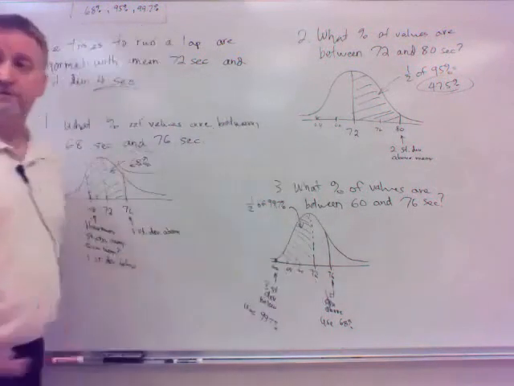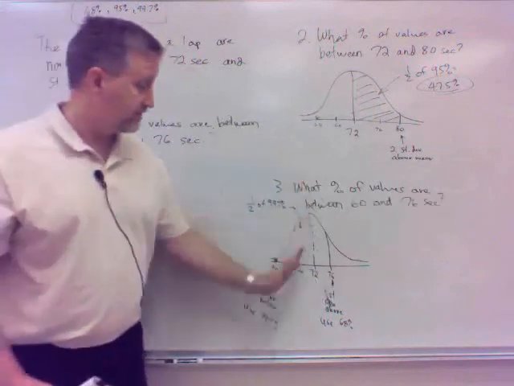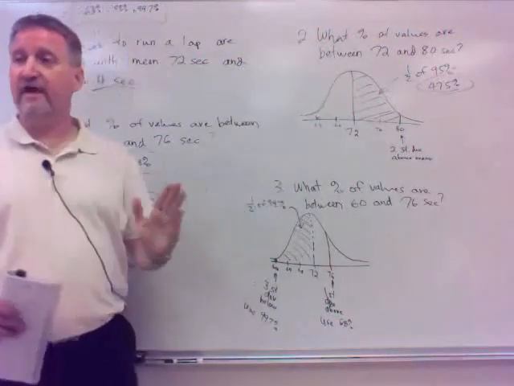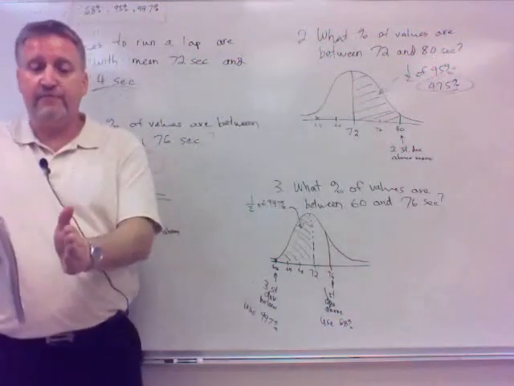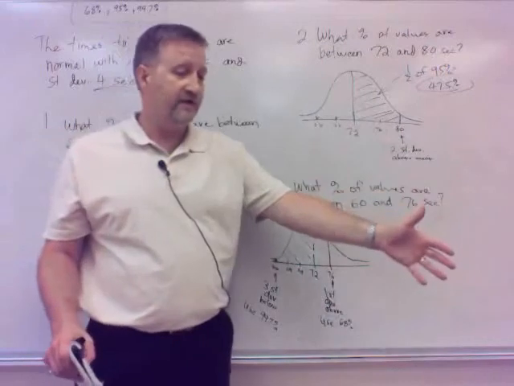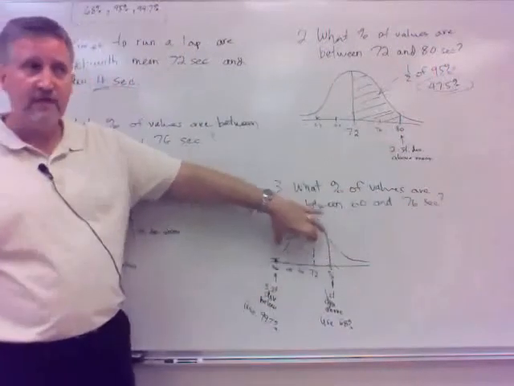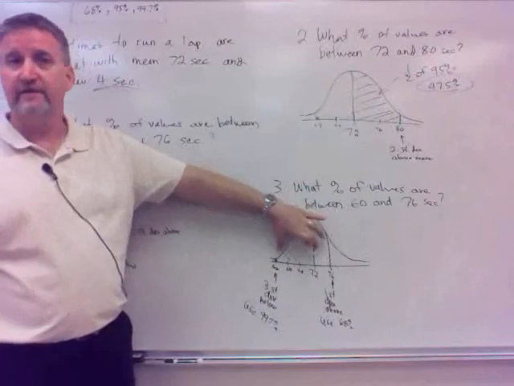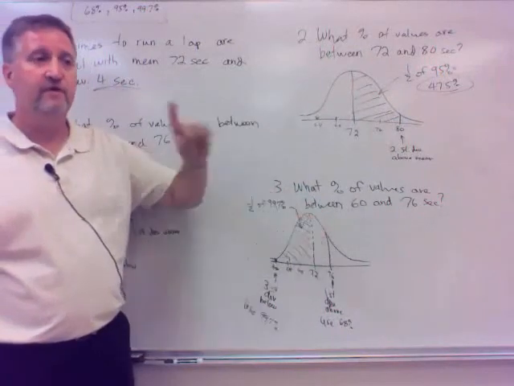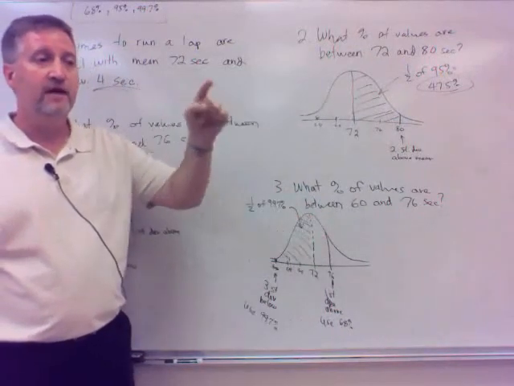Because of symmetry. The mean splits the 99.7 in half. You have half of the 99.7 over here, then half on the other side. And I only want the half over here. So what's half of 99.7? 49.85.